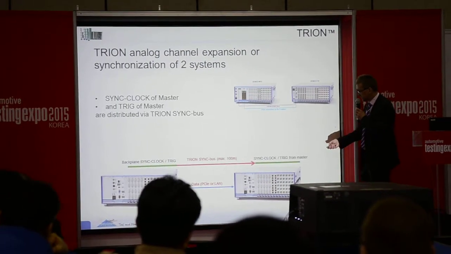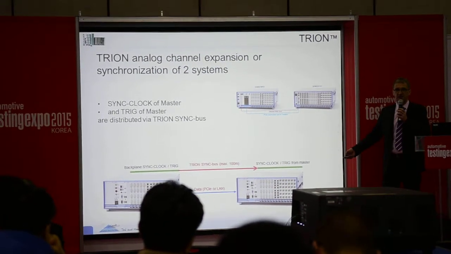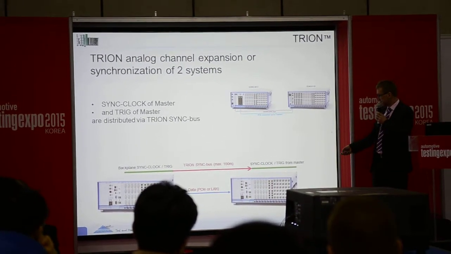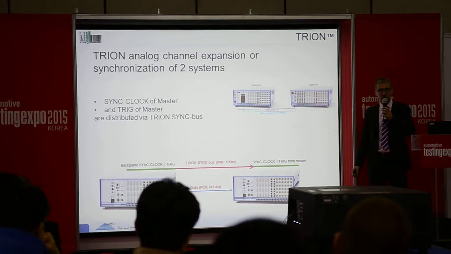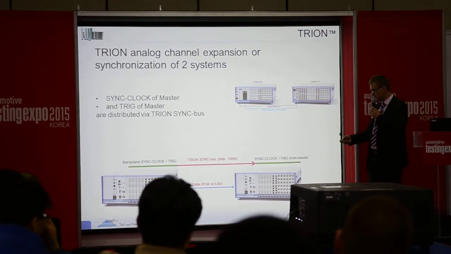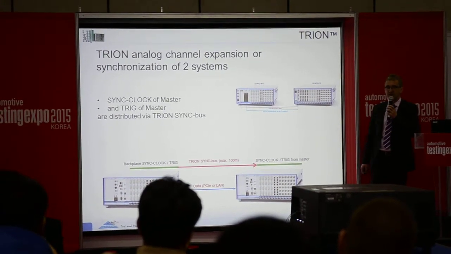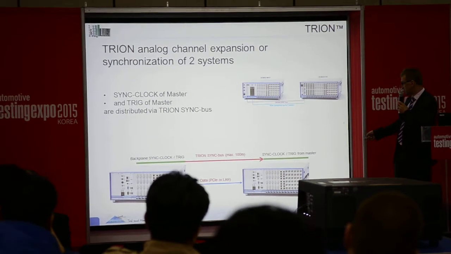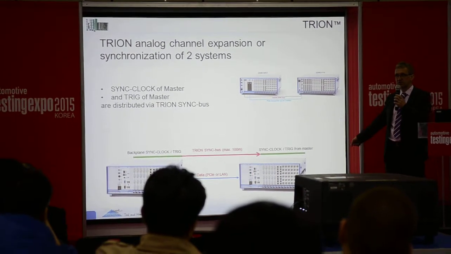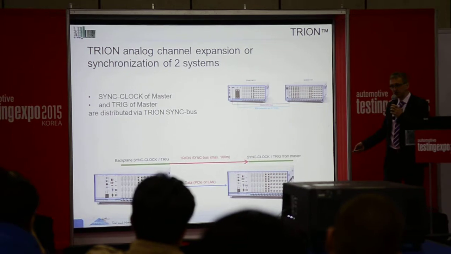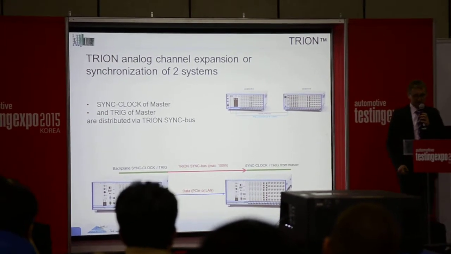The data link is done depending on how we expand. If we just take a passive expansion chassis to get more slots, we hook that up via a PCI Express connection. If we use a complete second system where there is also the PC inside, we do the data link over the Ethernet.